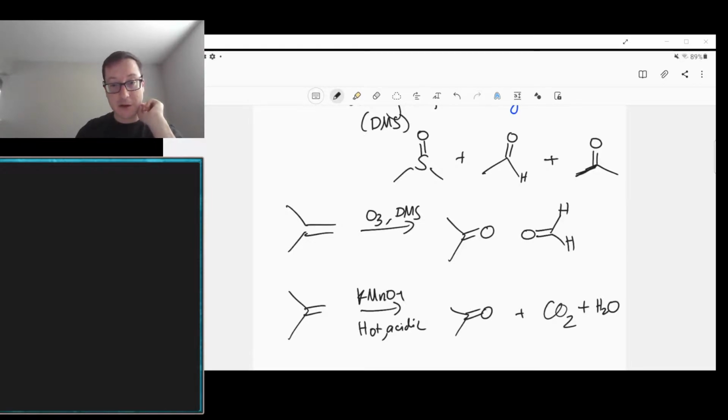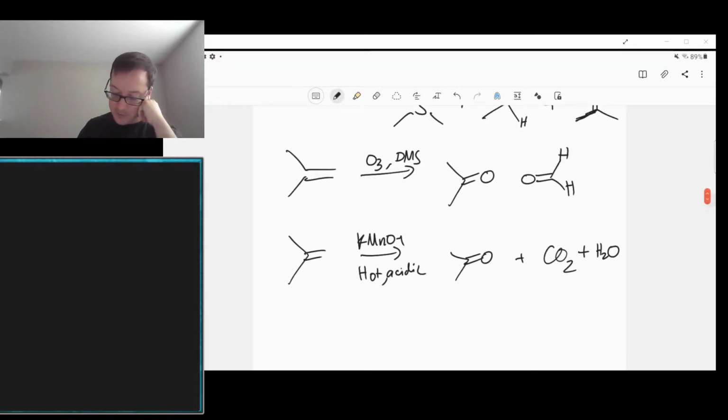So just be aware that you do not get aldehydes with the permanganate. You'll only get ketones and carboxylic acids. This part here together is carbonic acid, right? CO2 and water is carbonic acid, which would be the equivalent carboxylic acid of formaldehyde. So just be aware of that.